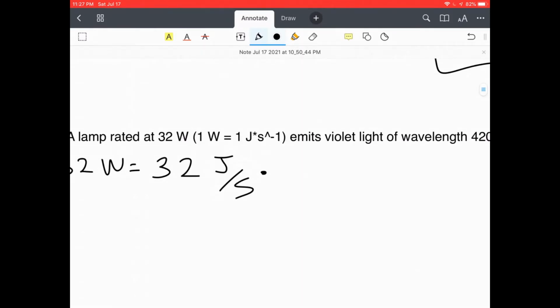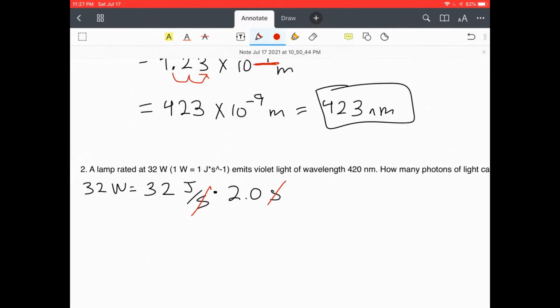So that means I'm going to multiply this by 2.0 seconds. The seconds and per seconds cancel out, so I'm going to be left with joules. And so the answer will be 64 joules. And that's how much energy will be put out by the light over the course of 2 seconds.